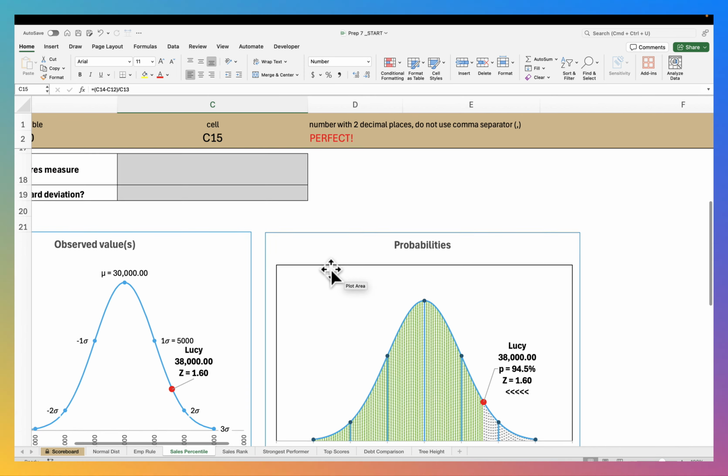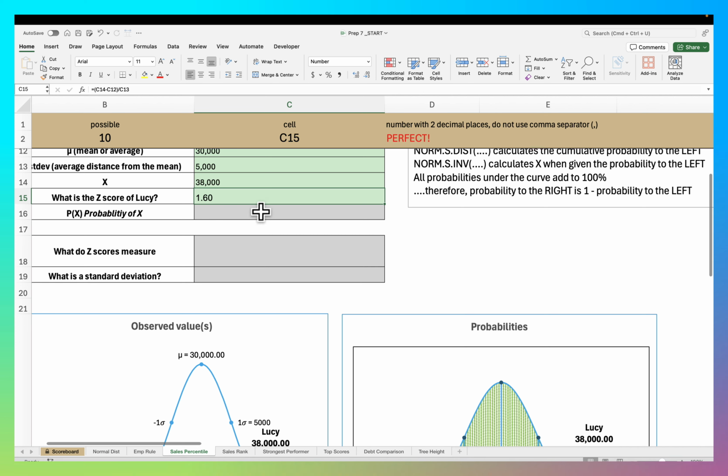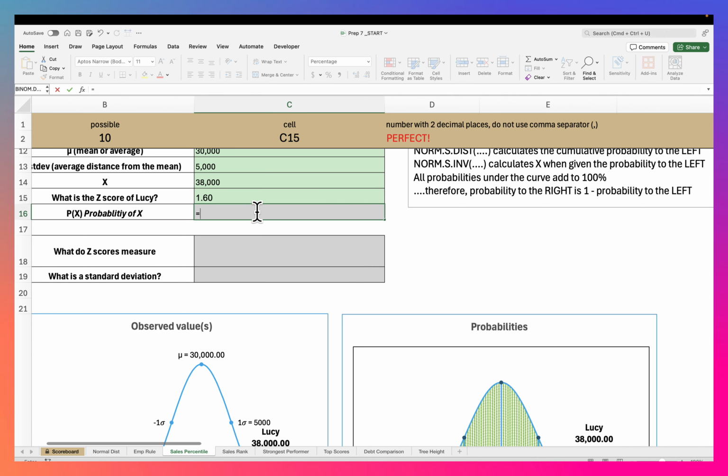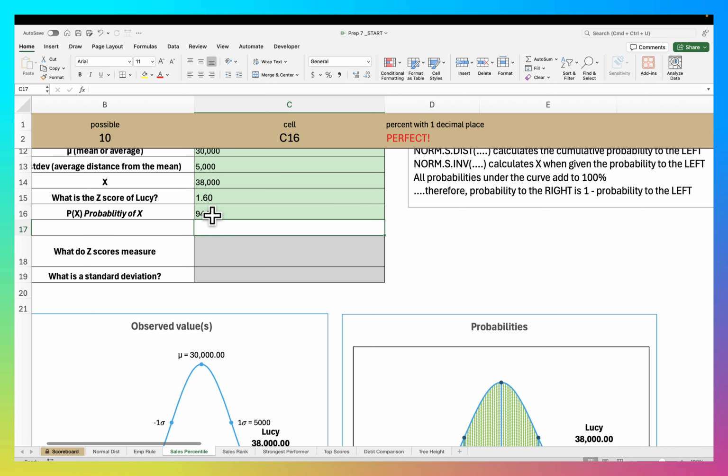So you typically do it formulaically. And so we're going to use the norm.s.dist function off of this z-score with true, and there's the 94.5%, which is exactly what's on the graph.